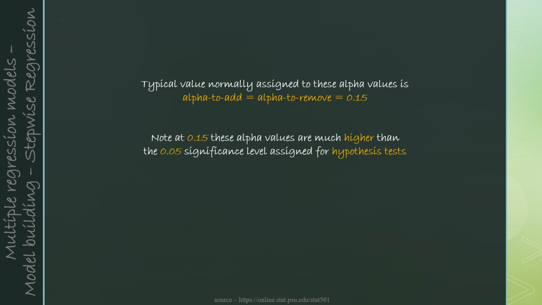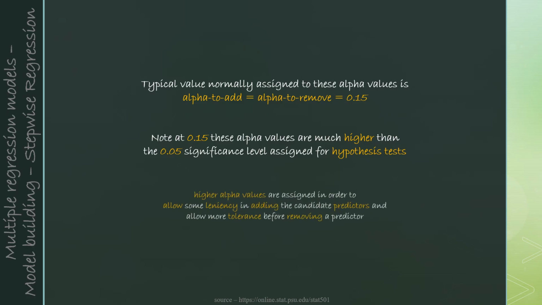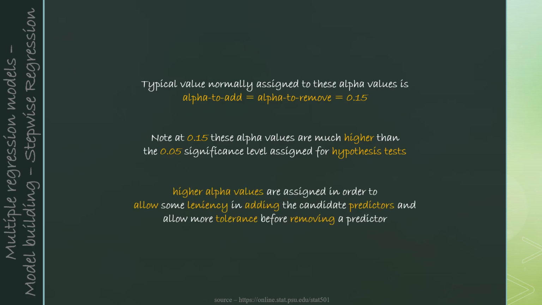Note, at 0.15, these alpha values are much higher than the 0.05 significance level assigned normally for the hypothesis test. Higher alpha values are assigned in order to allow some leniency in adding the candidate predictors and allow more tolerance before removing a predictor.